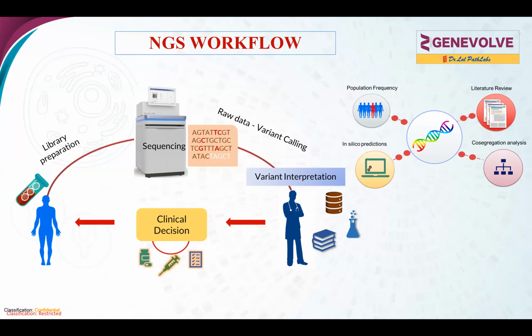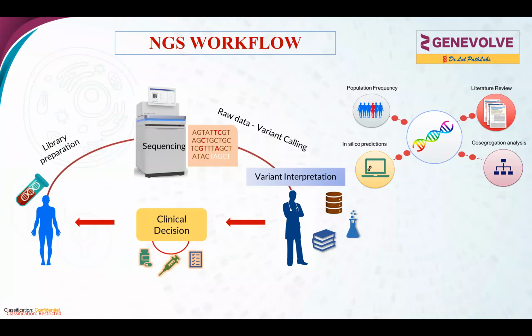And when you look at co-segregation analysis, it's always important, for germline mutations, to look at both the paternal as well as the maternal side, to understand whether it is a de novo variant or has it been carried down through the families. So this is what happens in the bioinformatics part, wherein we look at the variant interpretation and we annotate that variant, which goes out into the report.